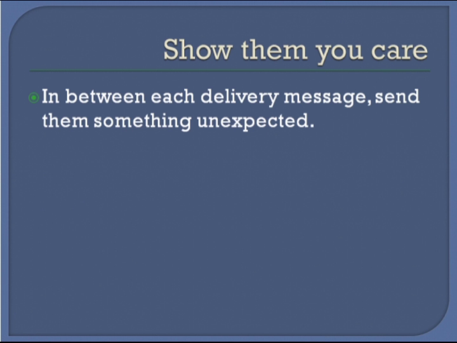Another way, and this is a cool tidbit to show them that you care, is in between each delivery message to send them something that is unexpected. So let's say, for example, that you're sending something every single week: week 1, week 2, week 3, and week 4.